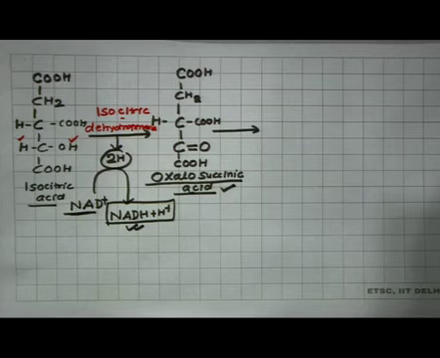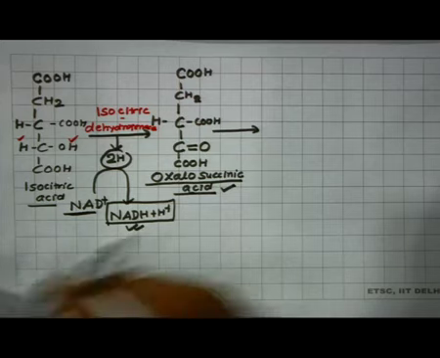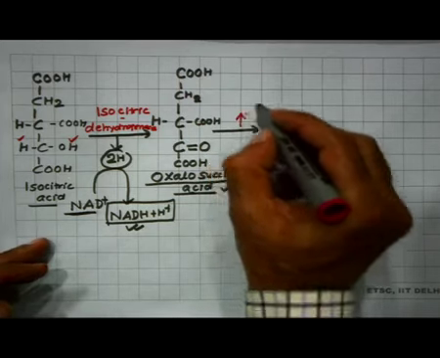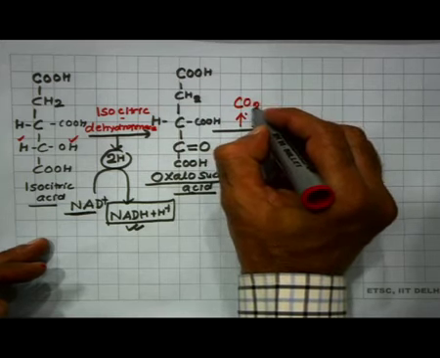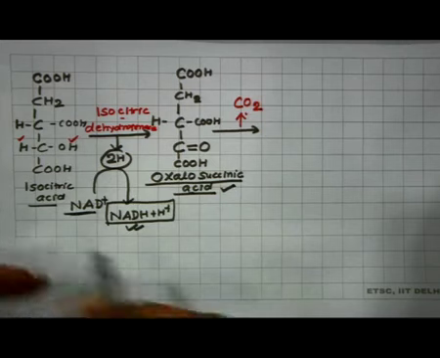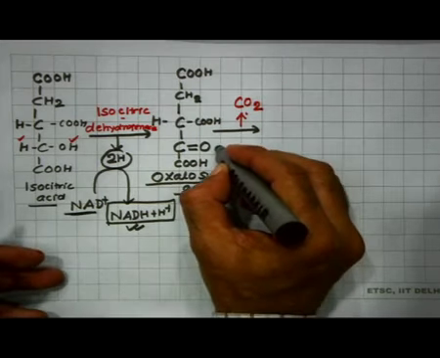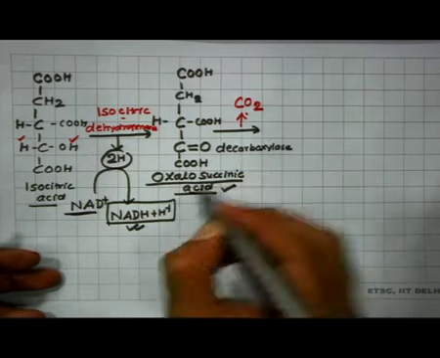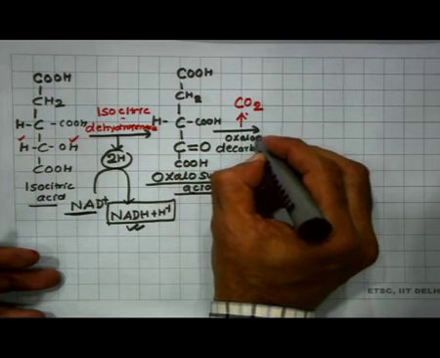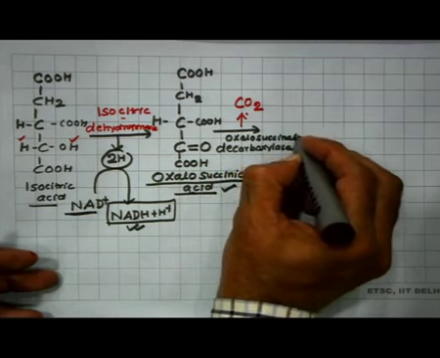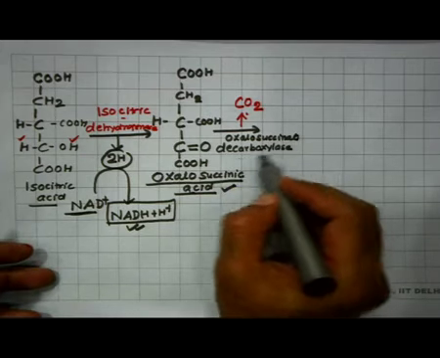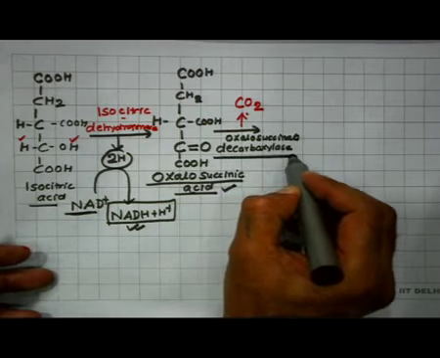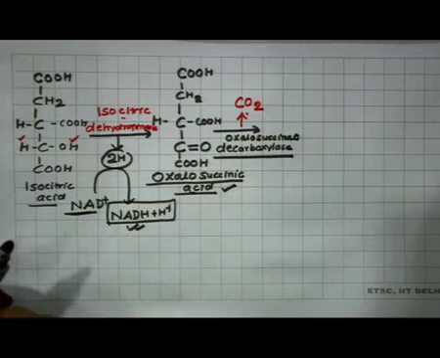Now, we are going to the fourth step of the Krebs cycle, that is decarboxylation. As the term indicates, from the oxalosuccinic acid the carbon dioxide is removed. This carbon dioxide is removed. So, the enzyme, nothing to worry, is decarboxylase. Here the substrate is oxalosuccinate, so we can name it oxalosuccinate decarboxylase enzyme, and the carbon dioxide is removed.